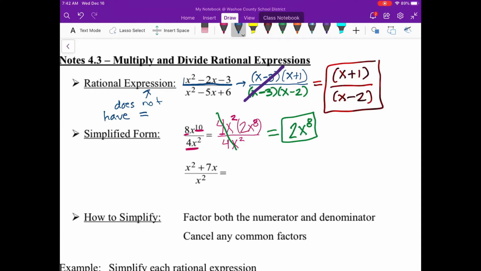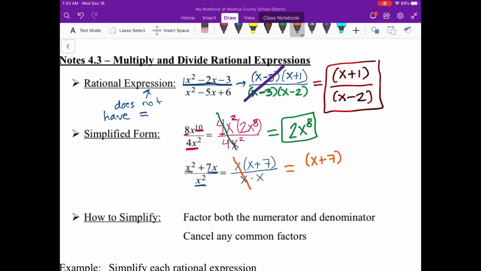So looking at the second one, if I'm trying to simplify it, I'm trying to cancel things out, I'm going to see if I can factor anything from the numerator first. So x squared and 7x both have an x in common. So I have x plus 7 here. And then I can rewrite x squared as x times x. When I do this, it's easier for me to see that these x's can cancel out.